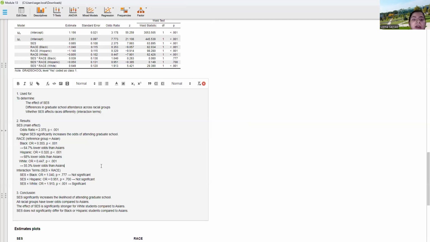However, the SES by White interaction is statistically significant with an odds ratio of 1.913. This indicates that increases in SES have a stronger positive effect for White students compared to Asian students in predicting graduate school attendance.